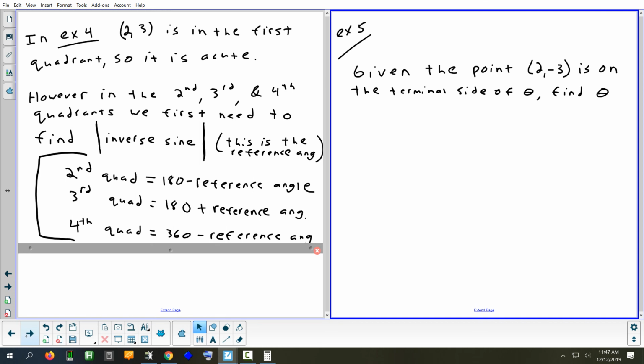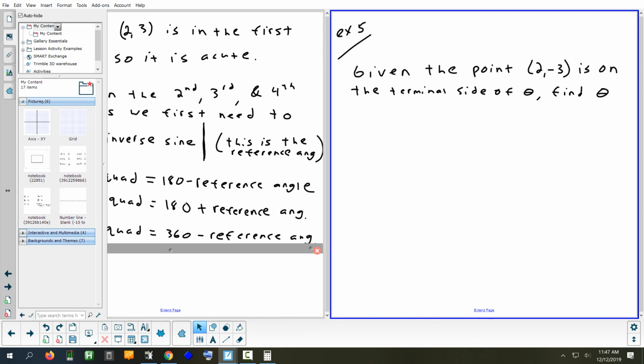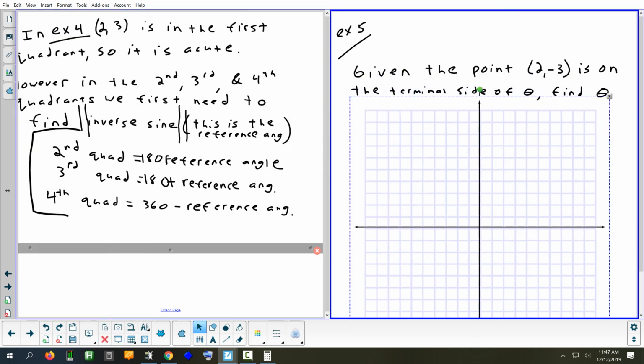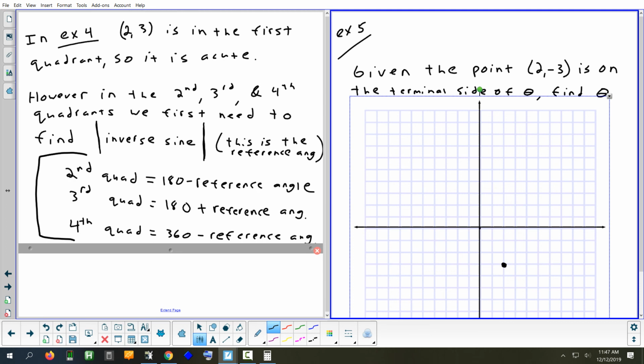So you're given the point 2, -3, and they tell you that that is on the terminal side of your angle. Okay, so I don't need a grid, but I'll show it to you the first time. Where's 2, -3? Fourth quadrant.